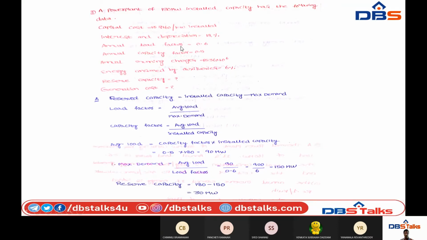After that, the annual load factor is 0.6, the annual capacity factor is 0.5, and the annual running or maintenance charges are 36 into 10 power 6 rupees. Energy consumed by auxiliaries, that means others, is 6%, that is 6 rupees out of 100 rupees.